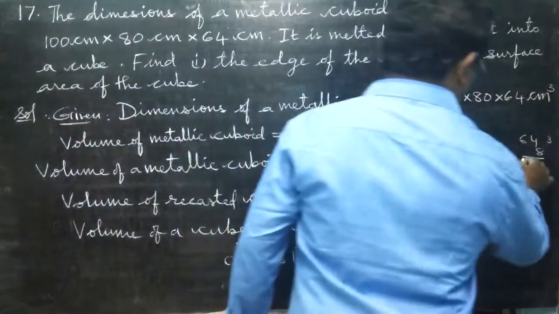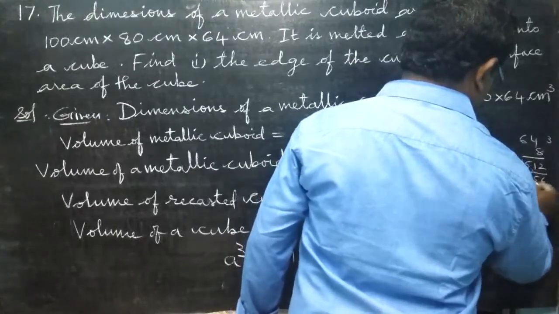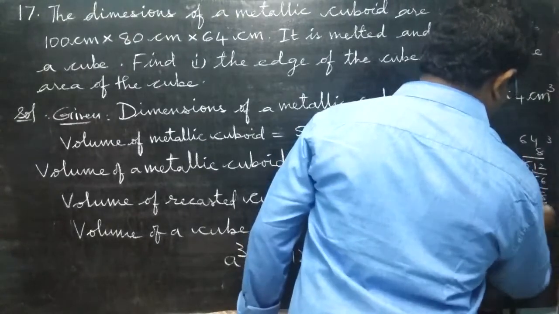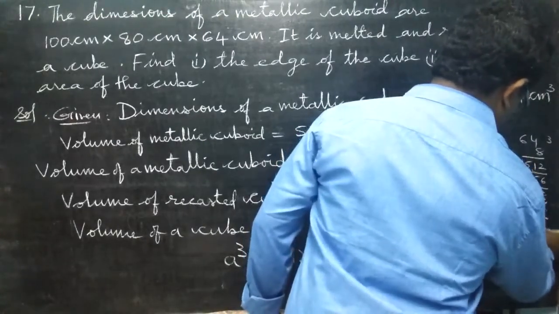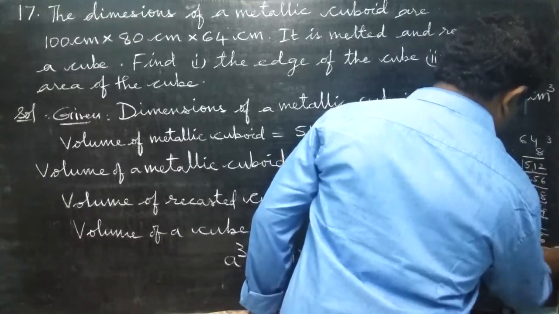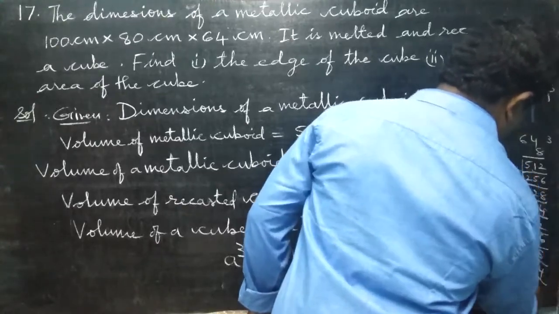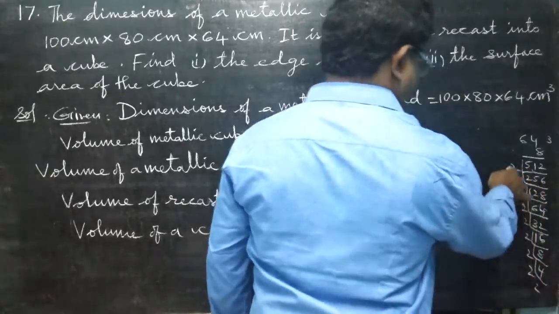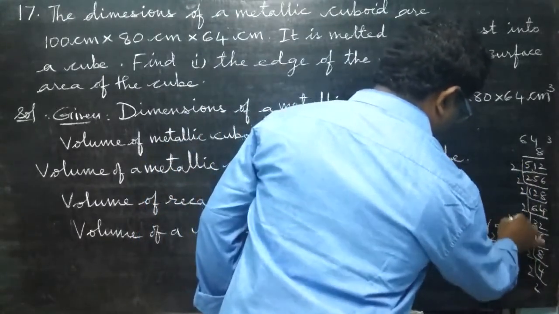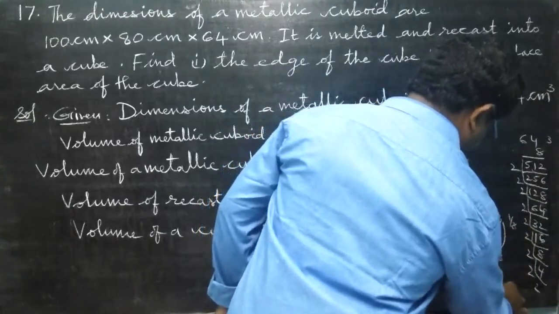Now 2 table. 2 2s are 4, 2 5s are 10, 2 6s are 12. 2 table 128, 2 table 64, 2 table 32, 2 table 16, 2 table 8, 2 table 4, again 2 table 2 times. 1 2 3 4 5 6 7 8 9. So 2 to the power of 9, whole to the power of 1 by 3, cube root. 3 times, 2 cube means 8.